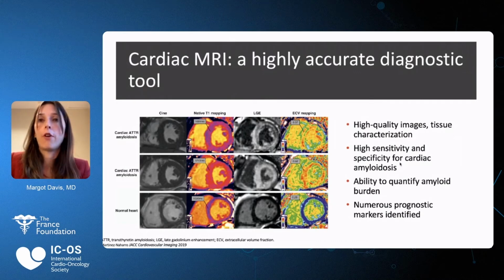With extracellular volume fraction, we're able to quantify amyloid burden to some extent. And of course, there are numerous prognostic markers identified. So while cardiac MRI cannot truly replace a biopsy, it can provide diagnostic accuracy that may be greater than some of the other modalities, and really beautiful images, of course.